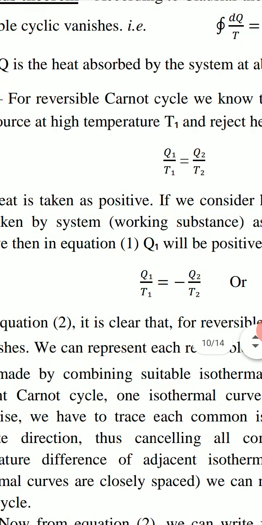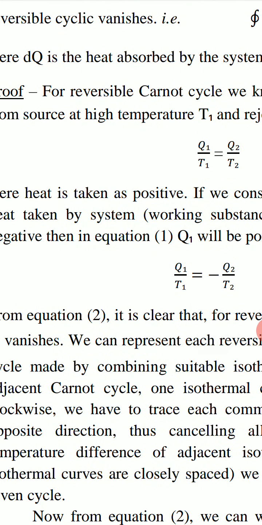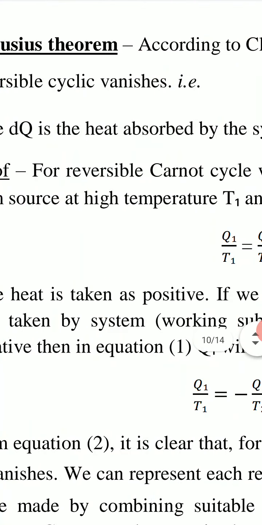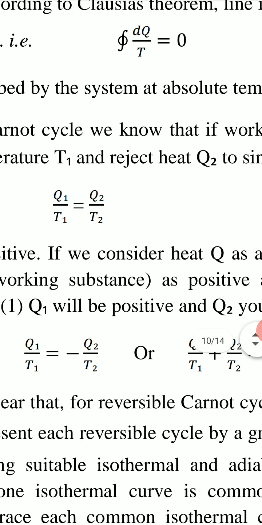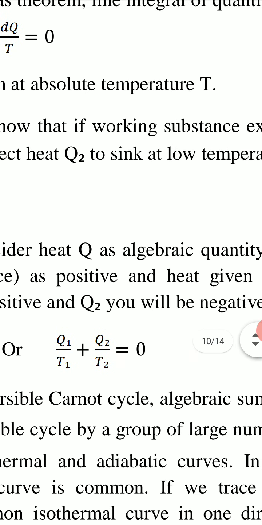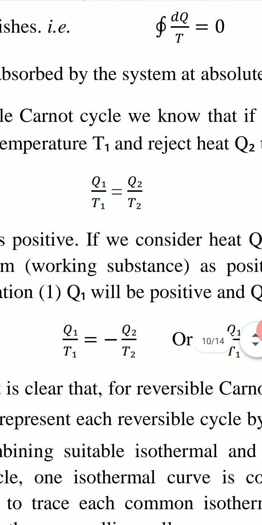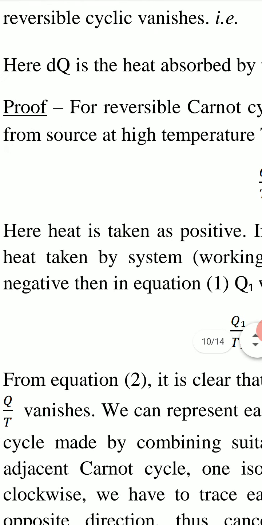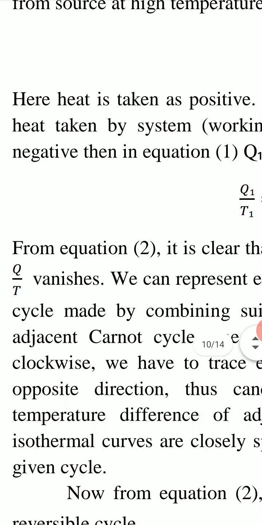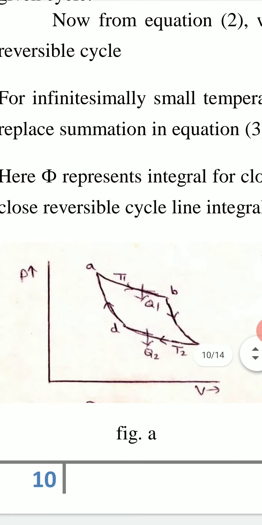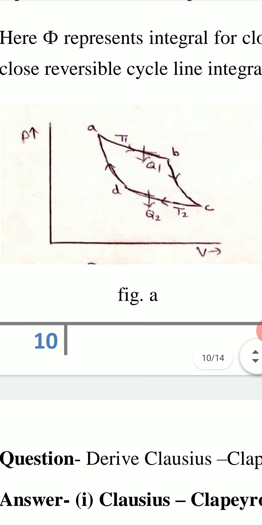Here dq is the heat absorbed by the system at absolute temperature T. To prove this Clausius theorem, we first see this Carnot cycle.